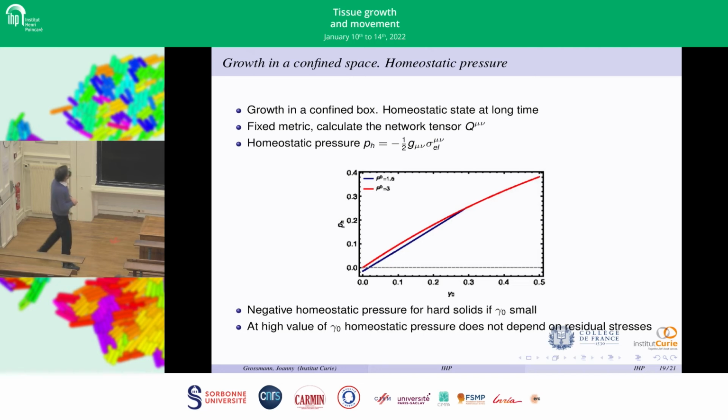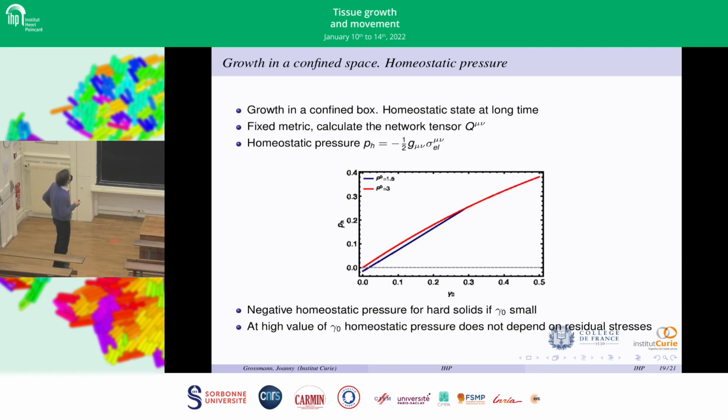Then there is another property which I guess is very model dependent, which is that if P0 is larger than the critical value, this curve here doesn't depend on P0. It depends on the other parameters of the problem. It doesn't depend explicitly on what I call the shape ratio.